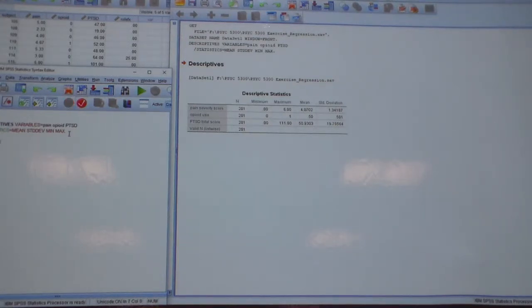So we're going to go to compute. I'm going to call this center pain, equal to pain minus 4.0702, and execute.